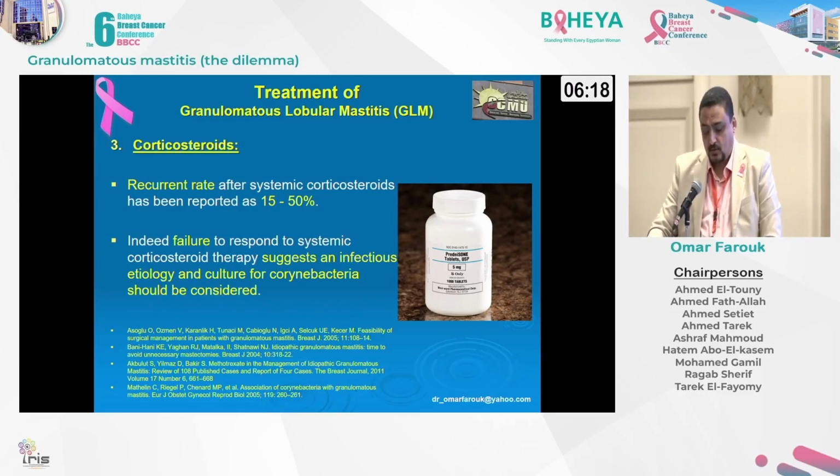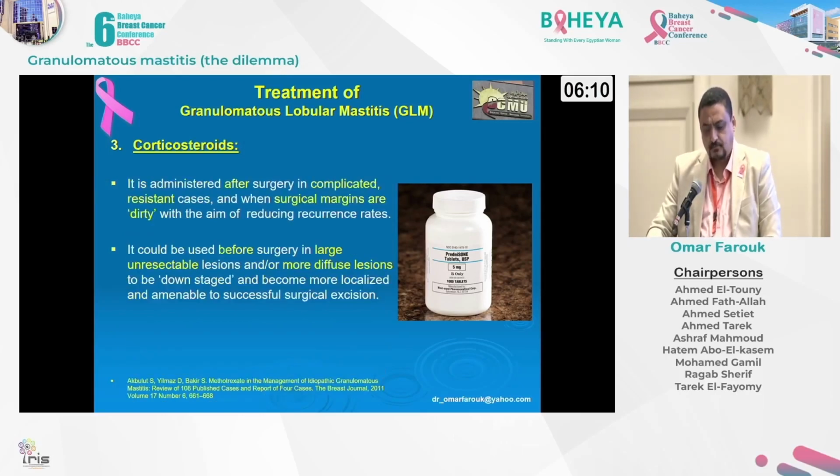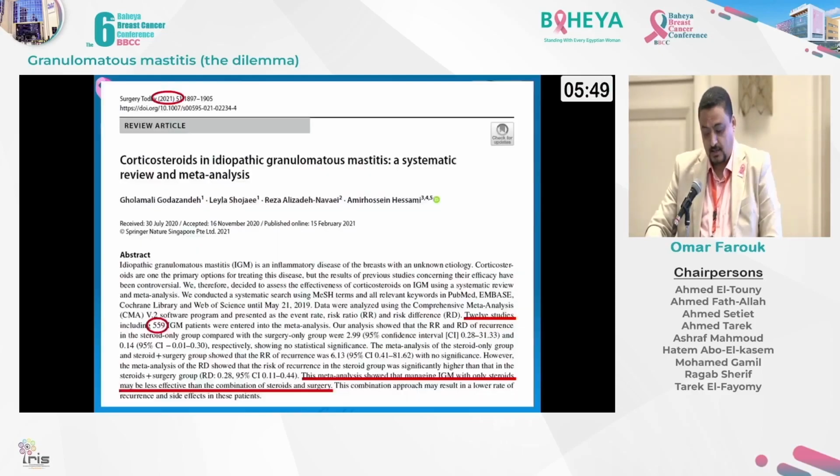Indeed, failure to respond to systemic corticosteroid suggests an infectious etiology, and culture for Corynebacterium should be considered. In practice, it may be administered after surgery in complicated resistant cases or when surgical margins are dirty. It could also be used before surgery in large unresectable lesions, or in more diffuse lesions to be downstaged and become more localized, amenable for successful surgical excision.